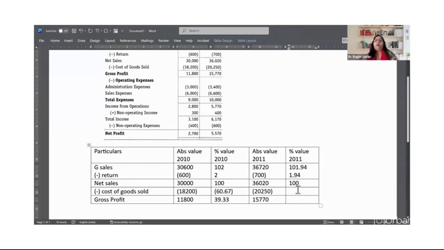Similarly, for 2011, the COGS is 56.22% of the net sales. And thus we have the gross profit here, which becomes 43.78%.